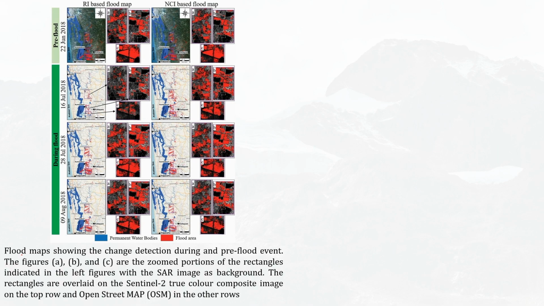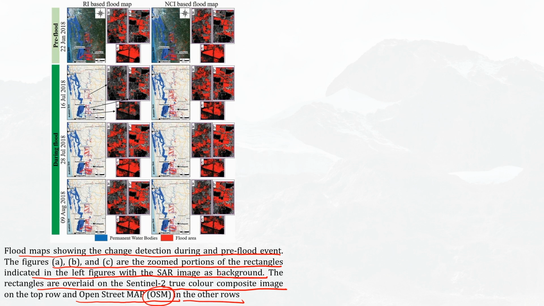Here you can see the flood map showing the change detection during the pre-flood event. Figures A, B and C are the zoomed portions of the rectangles indicated in the left river, with the SAR image as background. The rectangles are overlaid on a Sentinel-2 True Color Composite image in the top row and OpenStreetMap, that is OSM, in the other row, right.